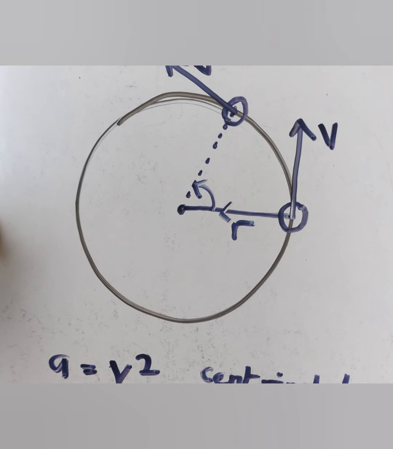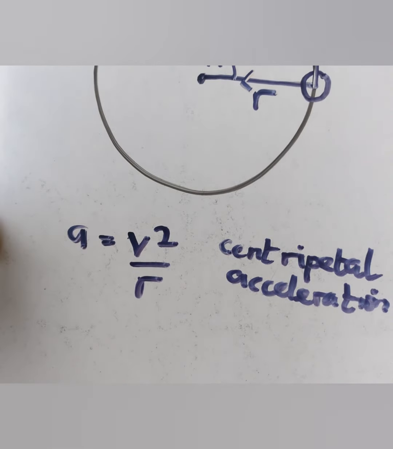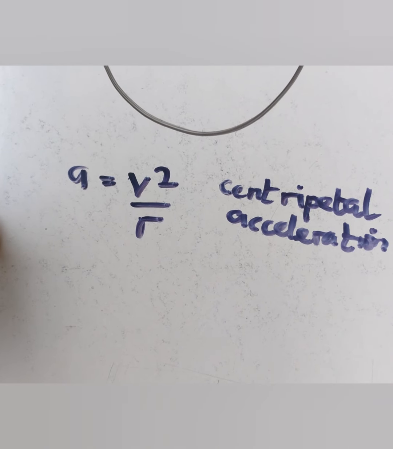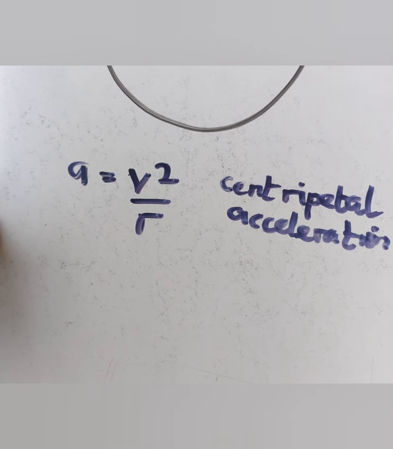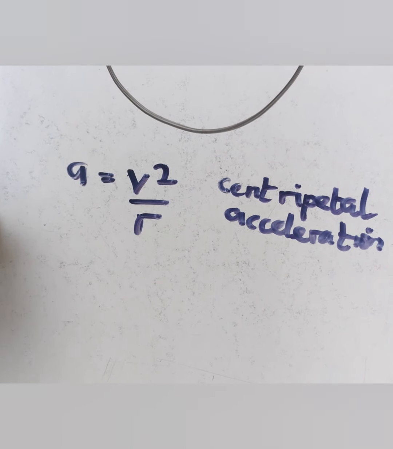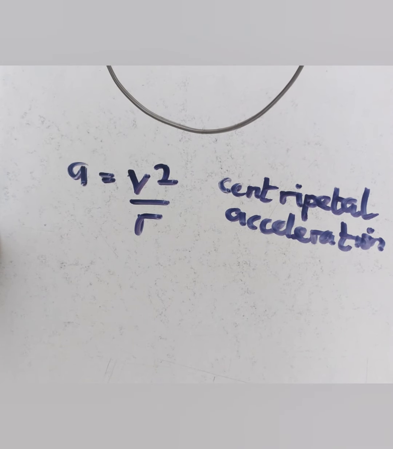So if an object is performing circular motion, just as the stone I just described to you, it will have a centripetal acceleration, and that acceleration is directed towards the center of the circular path.